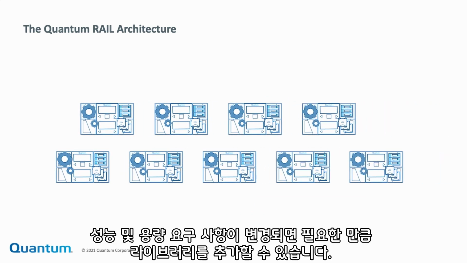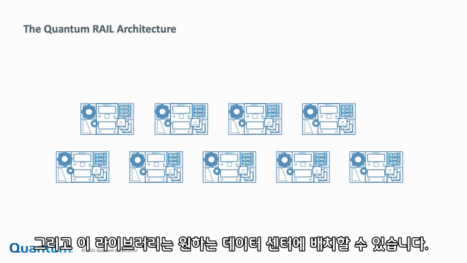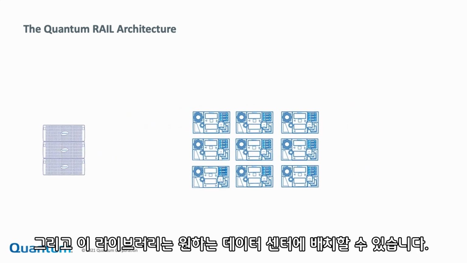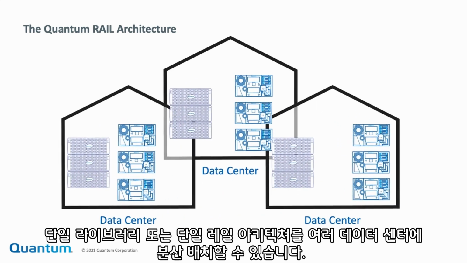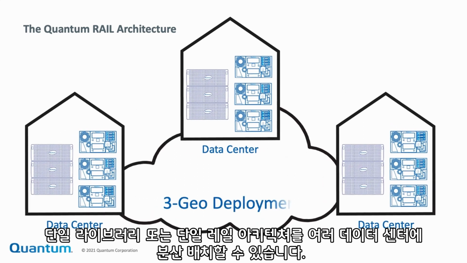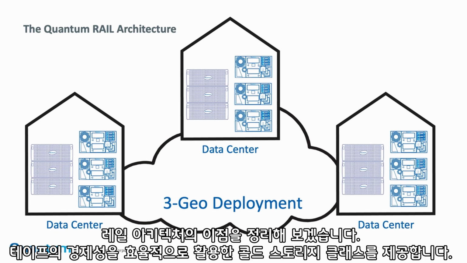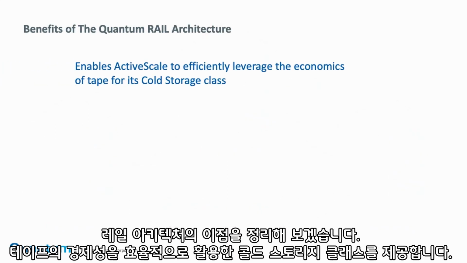You incrementally add libraries as performance and capacity needs change. And this array of libraries can be in the data center of your choice. Or for ultimate protection, in a 3GEO deployment, a single array of libraries or a single RAIL can be distributed across multiple data centers.